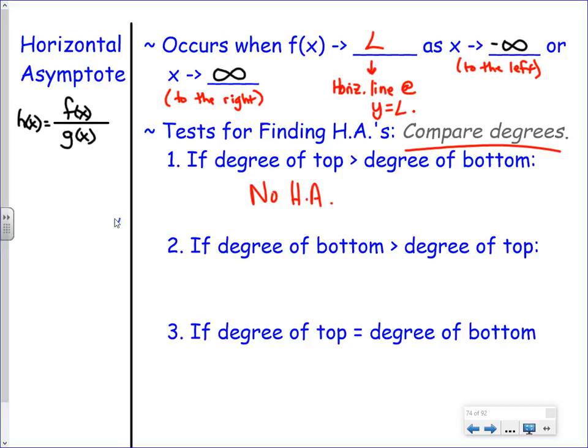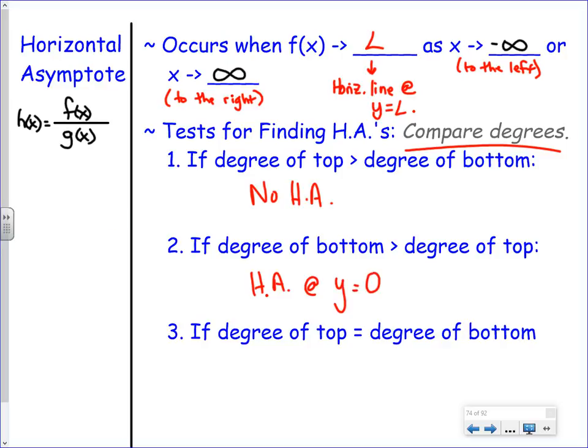None. If the top wins, nothing's pulling him down, so the y values are going to infinity or negative infinity or doing something else. If the bottom is stronger, y equals 0. Not only is he pulling them down, but he's pulling them all the way down, a horizontal asymptote at y equals 0.